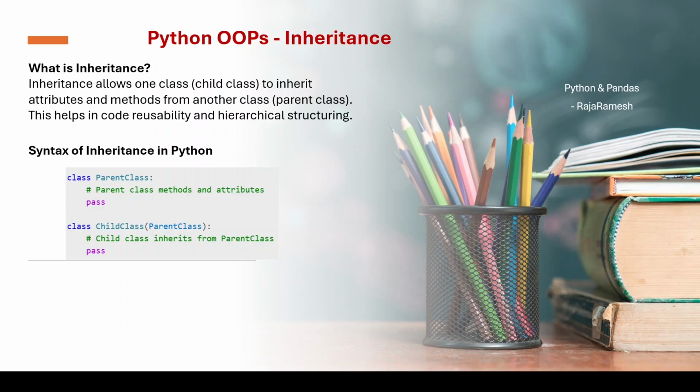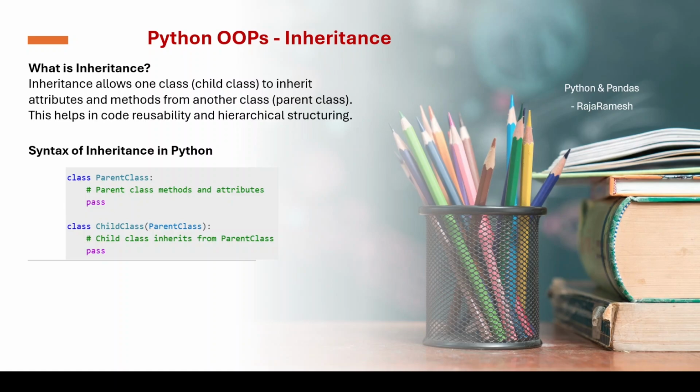In Python, this parent class is also called a base class or superclass. So whenever you hear the term parent class, base class or superclass, all are the same. And similarly, the child class is termed as a derived class or subclass. So usually the combination of words we use are, if we say parent class, then we term the child class.